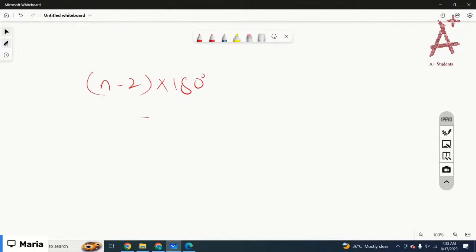So angle x is n minus 2 times 180, divided by the total number of sides. You can get the measure of each angle of a polygon this way: calculate the total angles, n minus 2 times 180, and divide it by the number of sides, right?